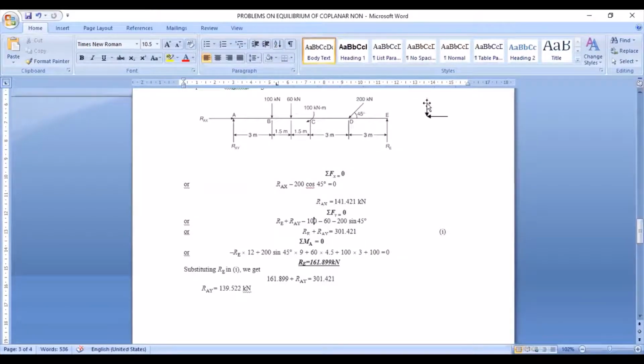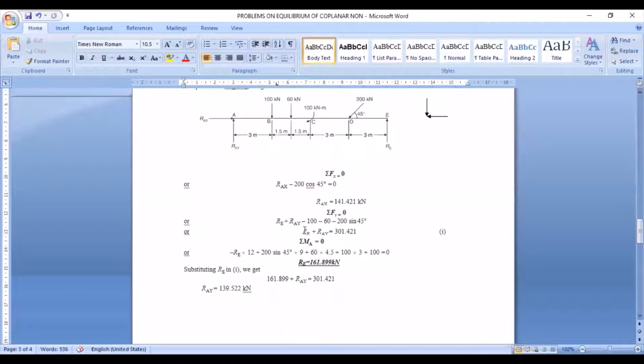Finally we have a vertical component of 200 kilonewton, which is 200 sine 45, which is acting vertically downwards. Therefore it is taken with the negative sign. That is 200 sine 45. Now what has happened in this equation is we have two unknowns, that is RE and RAY.